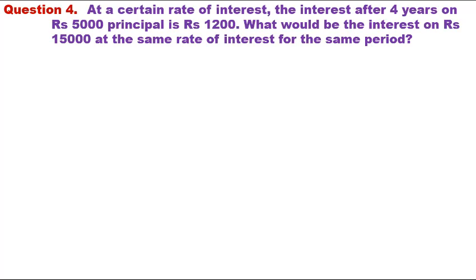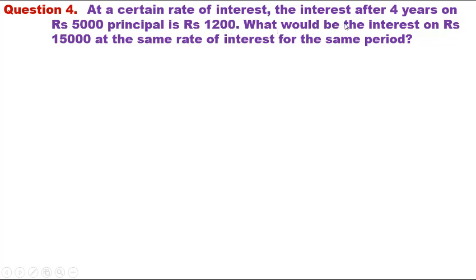Question fourth. At a certain rate of interest, the interest after 4 years on rupees 5,000 principal is 1,200.